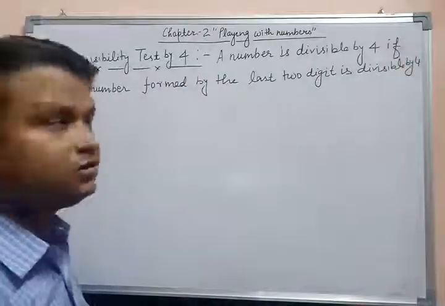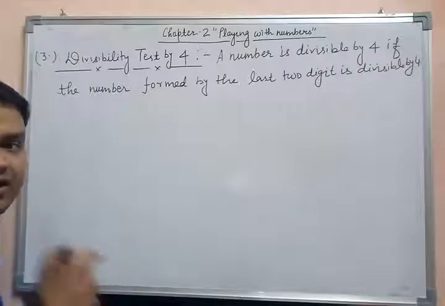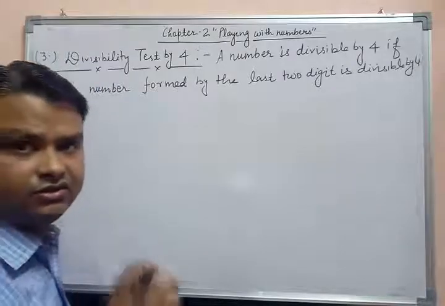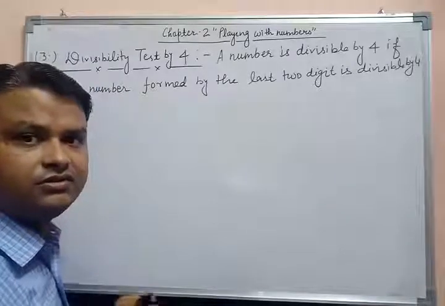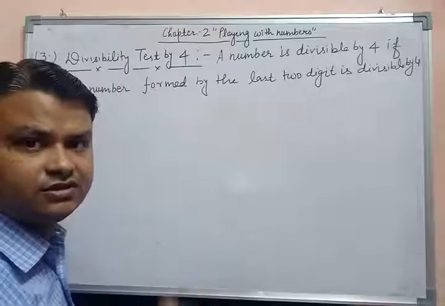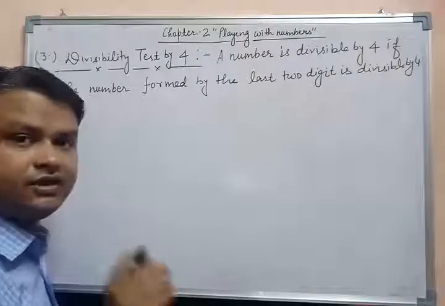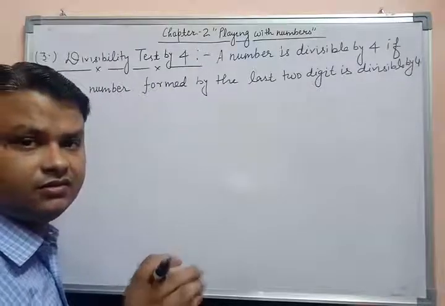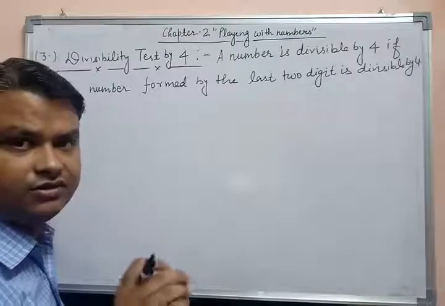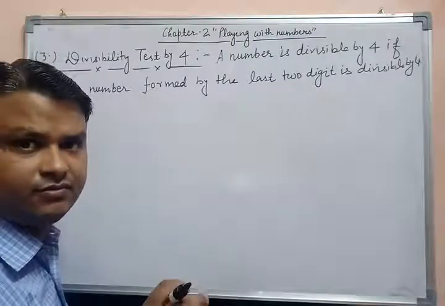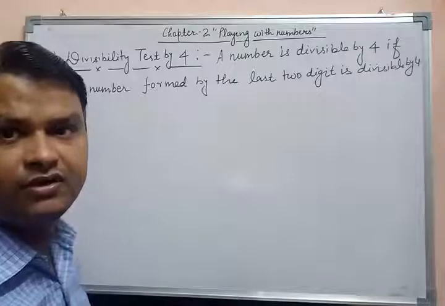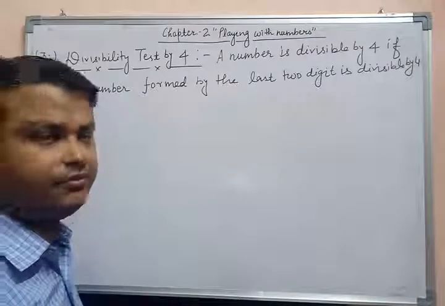So students, first of all you have to check the last two digits. Last two digits means the ones digit and the tens digit. If the number formed by the ones and tens digits is divisible by 4, then the whole number will be divisible by 4.